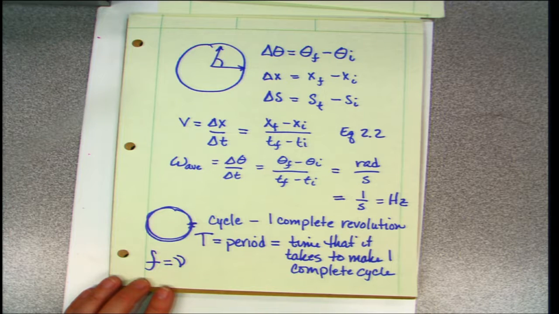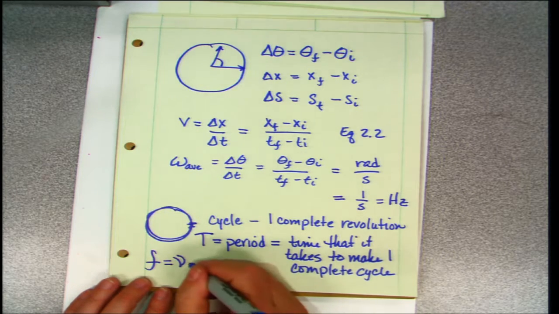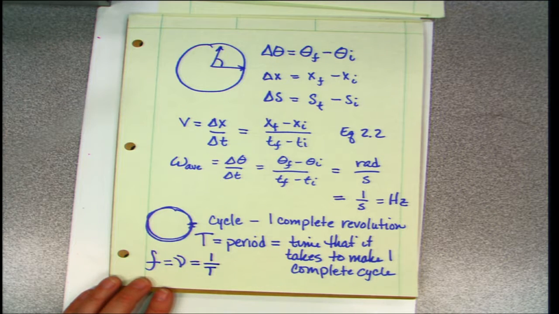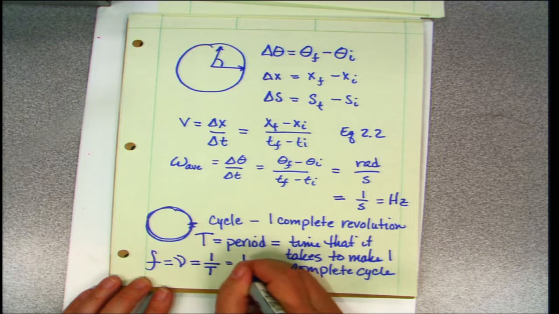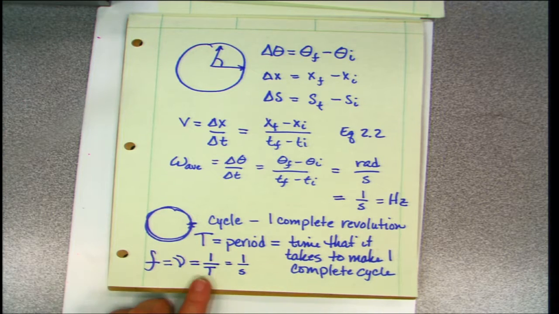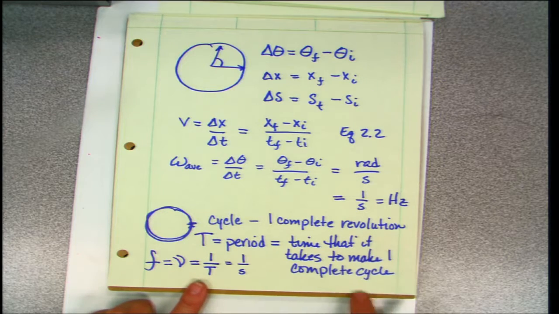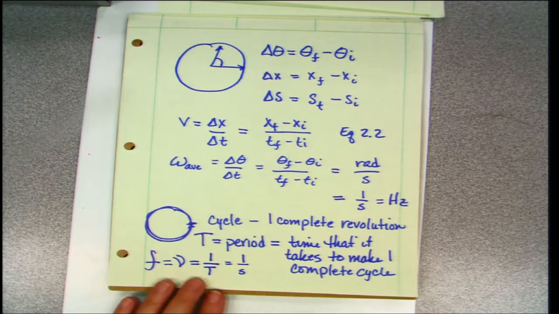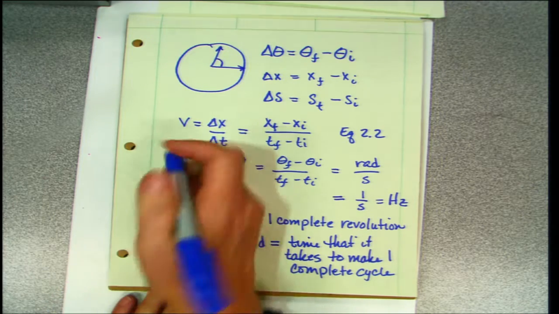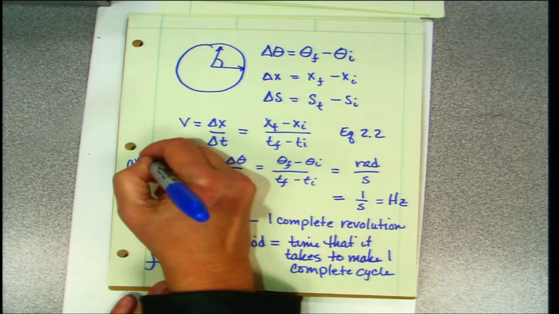So I can actually give you this velocity. This is an angular velocity. Or we can look at it as an angular frequency. How many times does my object go around the circle in a given time period?